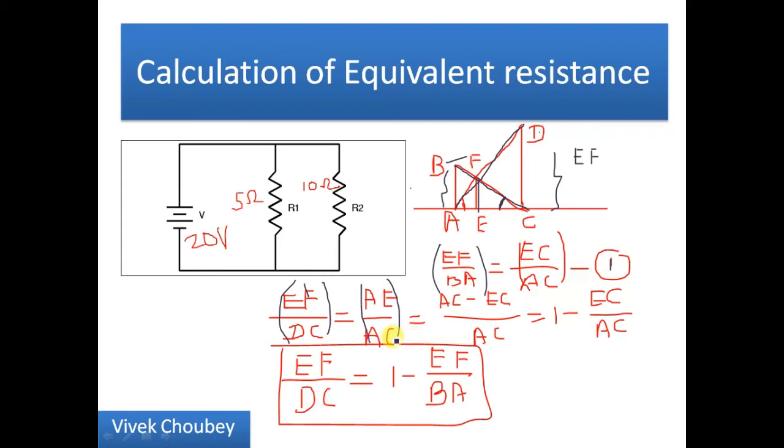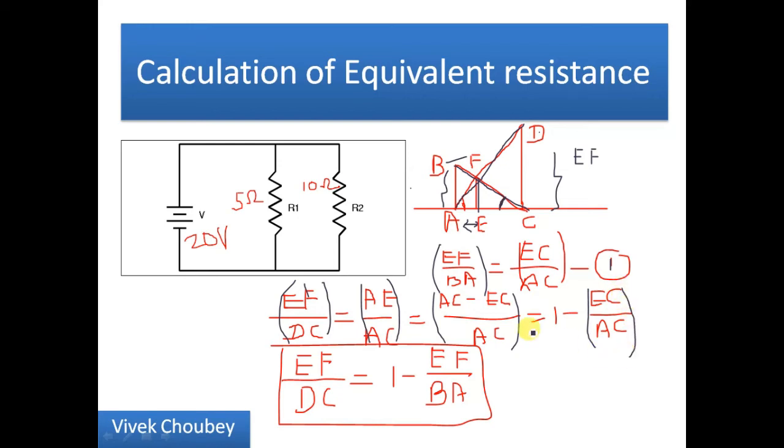Now AE upon AC. We can say from the figure that AE, which is this one, is equal to AC minus CE, right? So AC minus EC upon AC, which is equal to 1 minus EC upon AC.